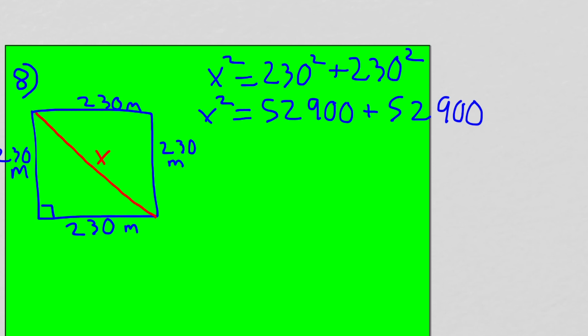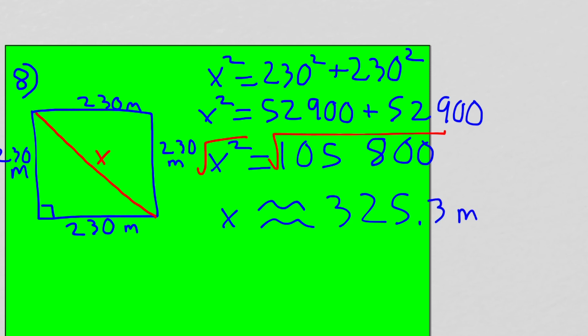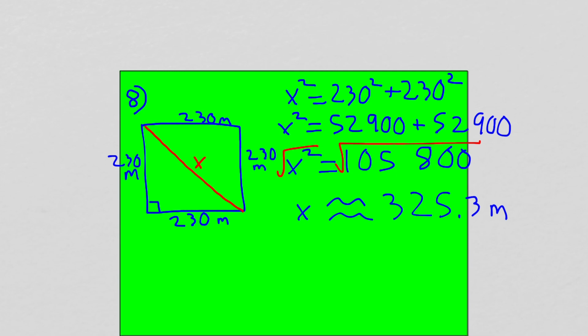Add those up, and you get x squared equals 105,800. Take the square root of both sides. And x is going to be approximately 325.26. Well, that's going to be 325.3 meters. That's that distance, 325.3 meters.